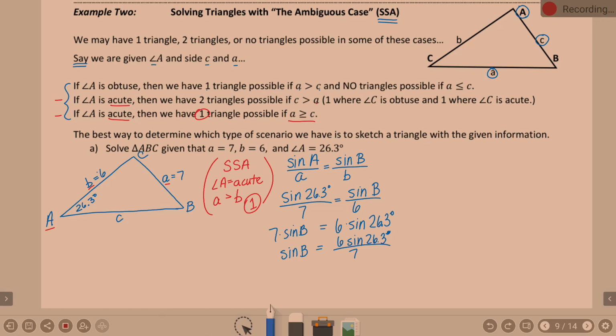And inverse functions are going to allow me to take my input of B and my output of this fraction and switch them. Now I'm going to write this as B is the sine inverse of 6 sine 26.3 degrees divided by 7.